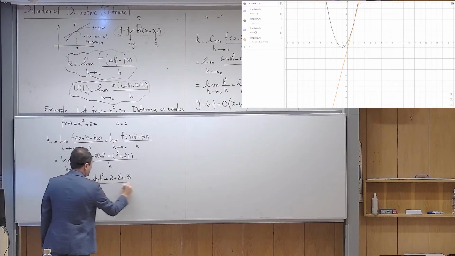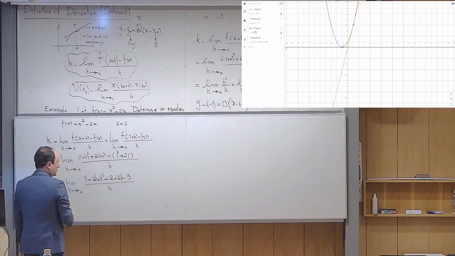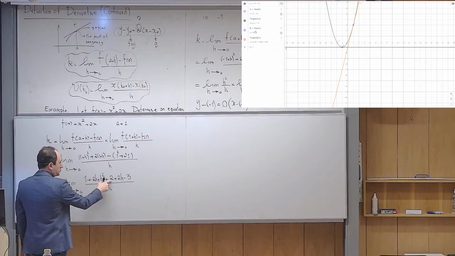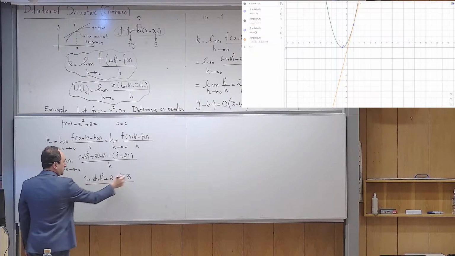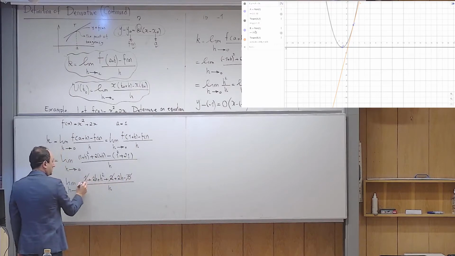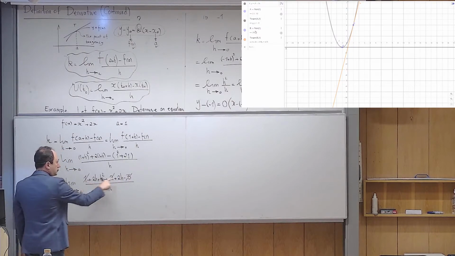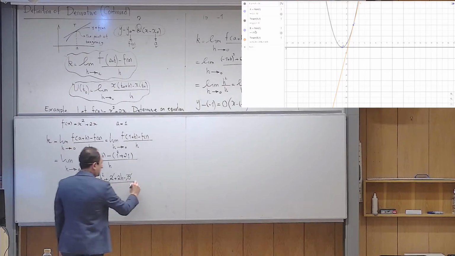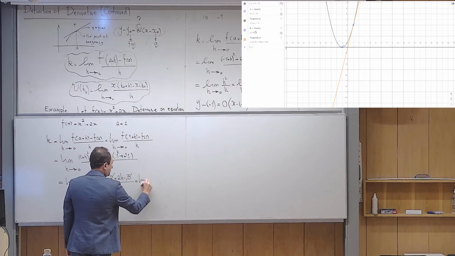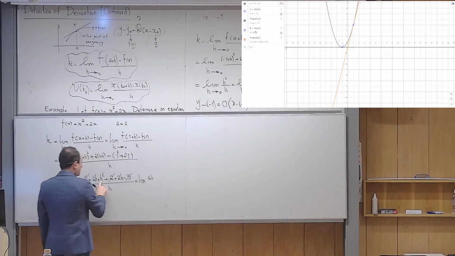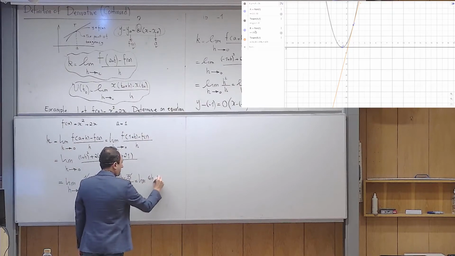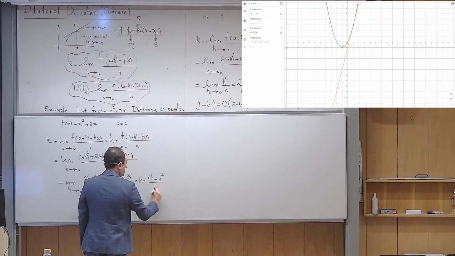And then I have h in the denominator. You see what happens. The 1 and 2 added become 3, and this is negative 3, so everything here is gone. But 2h and 2h become 4h, so this becomes the limit of 4h, and then I have another h squared here, over h, h goes to 0.